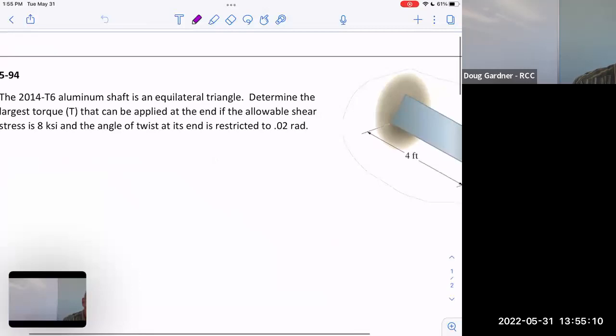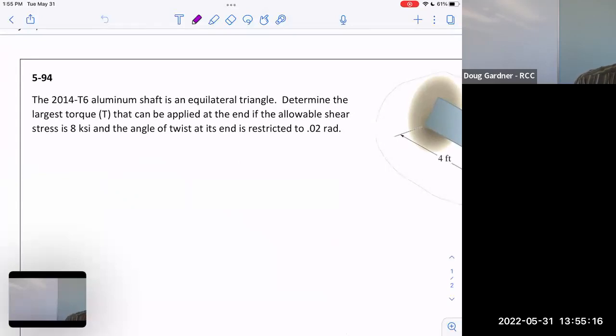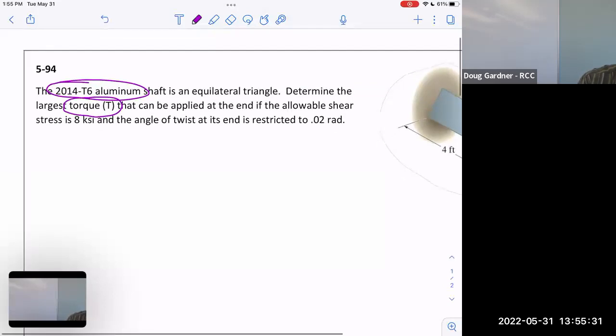This is a little different because I'm told that I'm using 2014 T6 aluminum and it's an equilateral triangle. This time though, it's the opposite. Notice it says determine the largest torque it can handle if the allowable shear stress is 8,000 PSI.